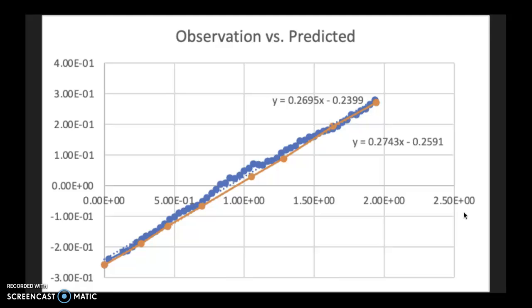I tried to grab points with very small intervals in between them to ensure the reliability and the exactness of the problem. And as you can see, these two match up almost perfectly. The slopes are very similar, and the y-intercepts are very similar. They're almost identical graphs, and this is because the observation performed exactly how I would have predicted it.